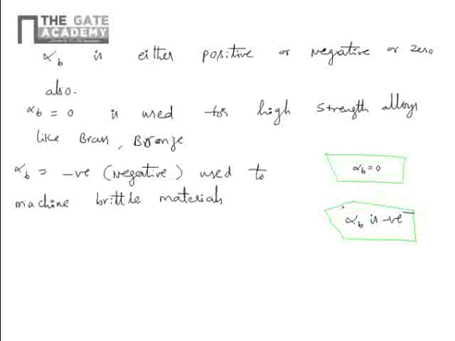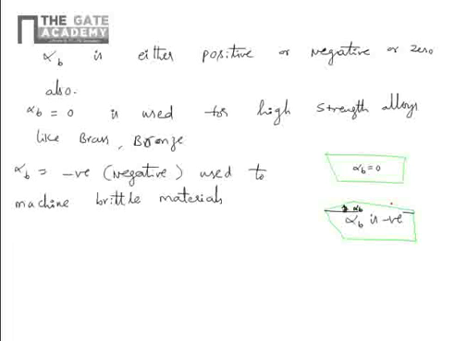If you consider this as the base, whatever angle is this one is negative alpha B, because it is above the horizontal line.